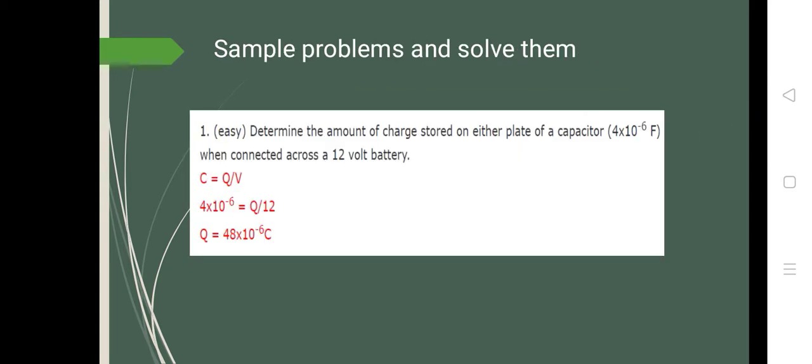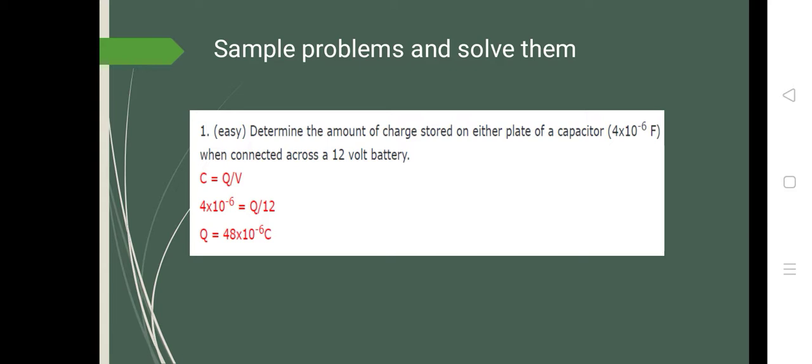So next, sample problems and solve them. I chose an easy problem. Determine the amount of charge stored in either plate of a capacitor of 4 times 10 to the power of negative 6 farad when connected across a 12-volt battery.